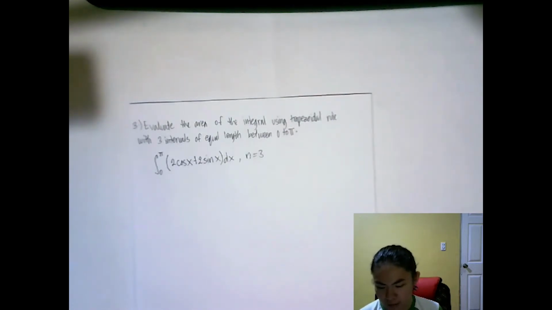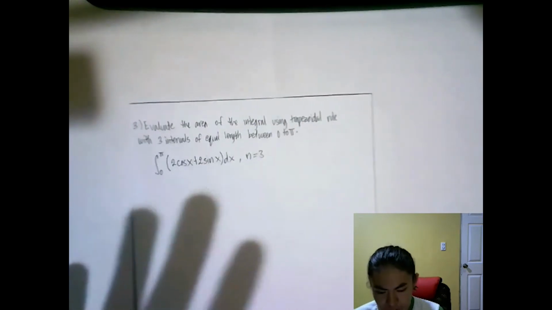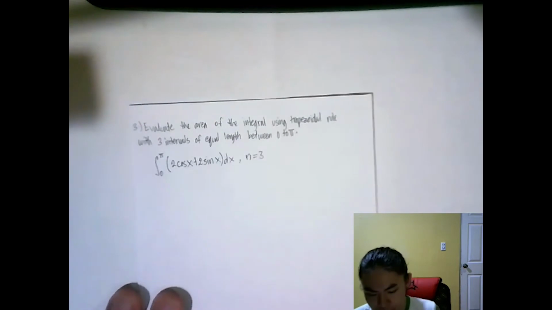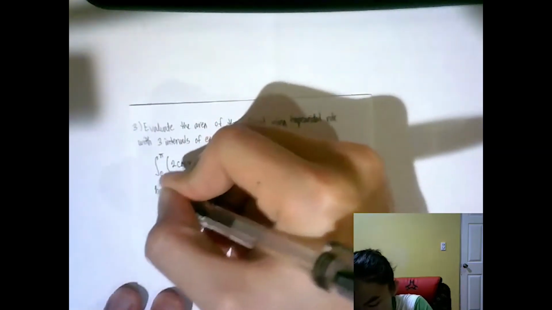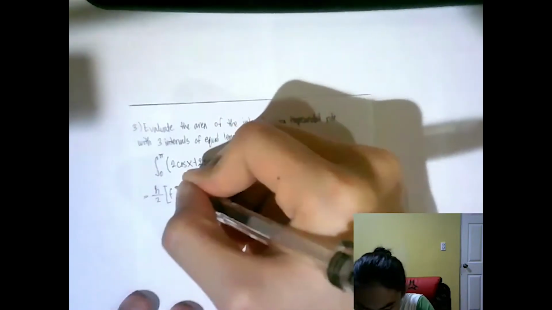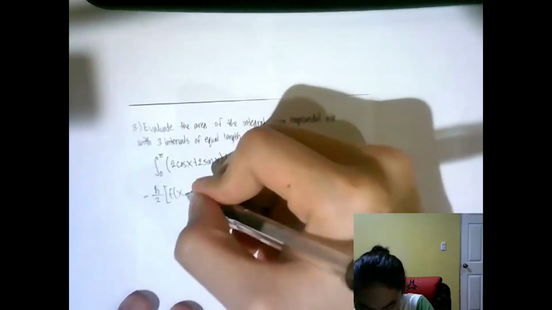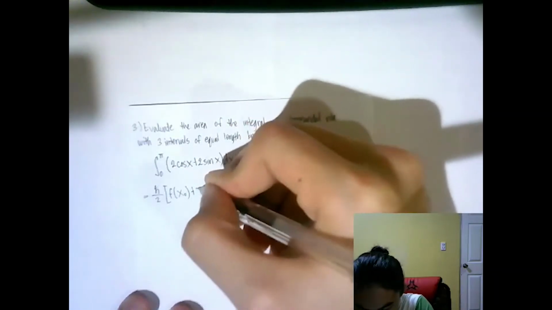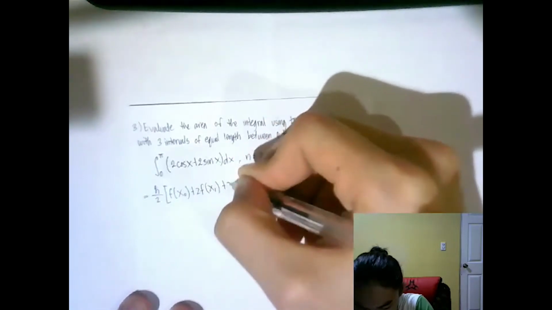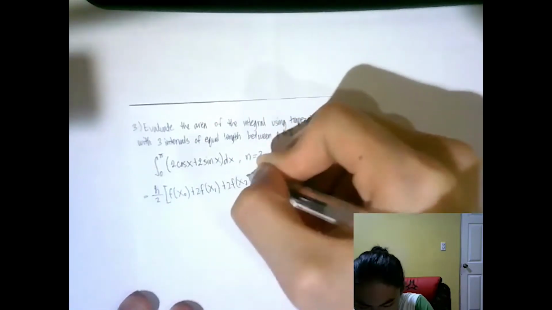So, kung ganito ang ating equation, same pa rin ang ating gagawin. Start tayo lagi sa paglagay ng ating formula. So, f of x sub 0 plus 2 times f of x sub 1 plus 2f of x sub 2 plus f of x sub 3. Since ating n is 3, so last term natin will end with x sub 3.